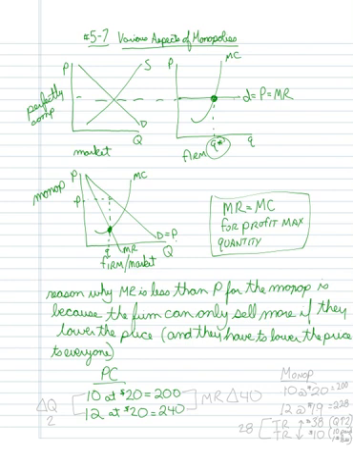So here I can see that my total revenue went up by $40. My quantity changed by 2, which essentially means that 40 divided by 2 gives me 20, which is the same as my $20 price.